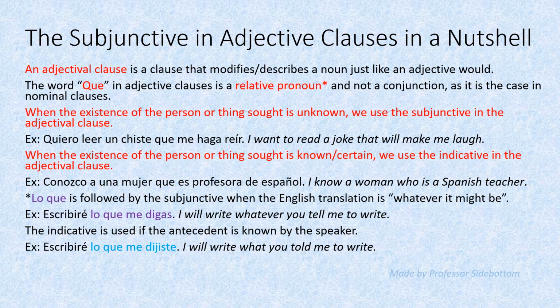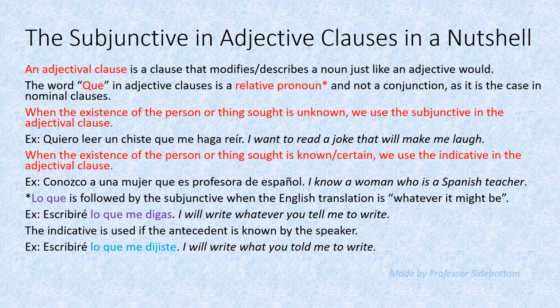When the existence of the person or thing sought is unknown, we use the subjunctive in the adjectival clause. Quiero leer un chiste que me haga reír. I want to read a joke that will make me laugh. Now, here we use the word haga, as in the subjunctive, because I don't know if I'm going to find a joke that will make me laugh.